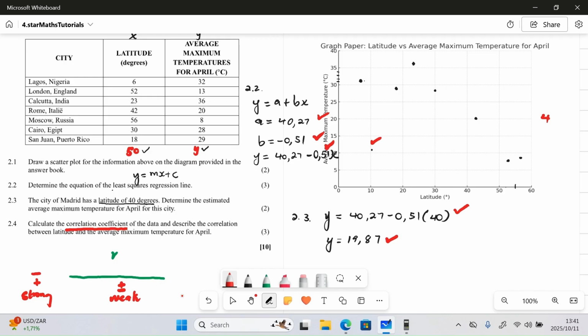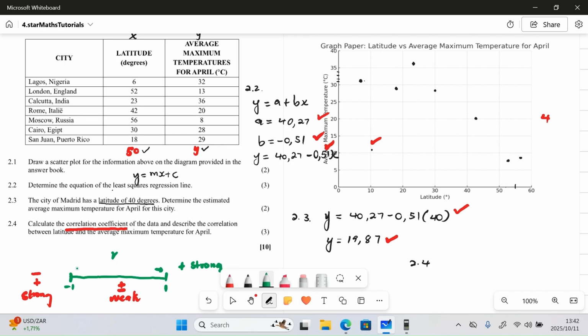So how do you determine that? We must look for the value of R, that is our correlation coefficient. We know that the value of R ranges from -1 to 1. If the value of R is very close to 1, we say it is positive and strong.